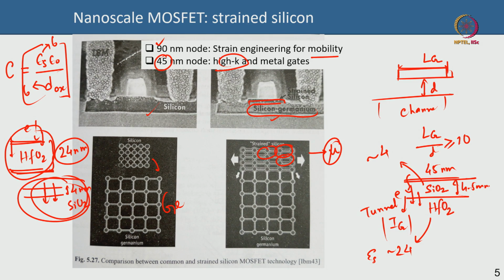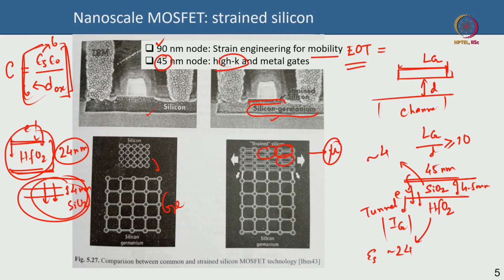You see the point? People define this as the equivalent oxide thickness. This ratio, where you are trying to keep the capacitance the same, is the equivalent oxide thickness. There is a definition for it, which is basically the thickness of silicon dioxide that will be equal to, say, 24 nanometer of hafnium oxide.